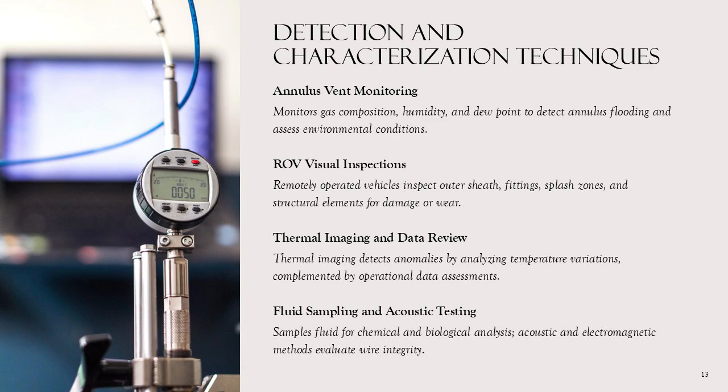Thermal imaging and operational data reviews help identify anomalies. Fluid sampling for chlorides, pH, sulfides, and biological activity assesses corrosion and MIC risk. Acoustic and electromagnetic methods like PEC and ACFM provide indirect evidence of wire condition.